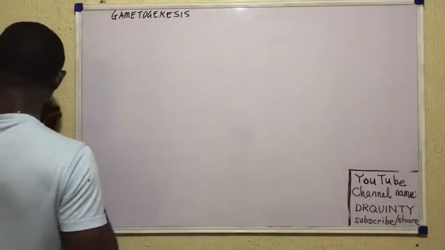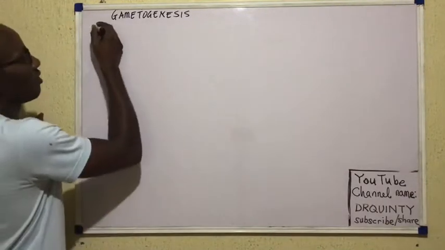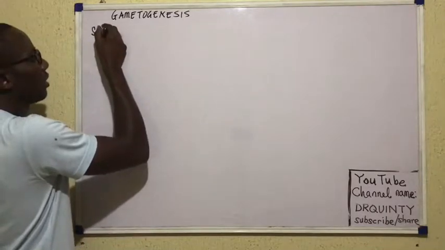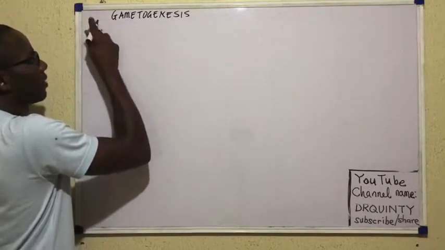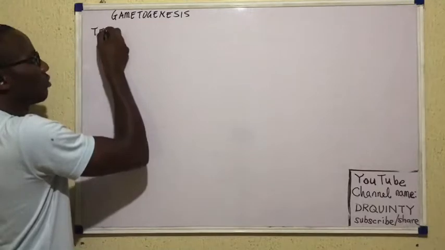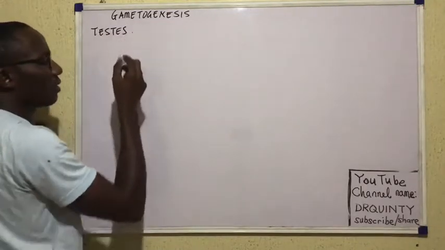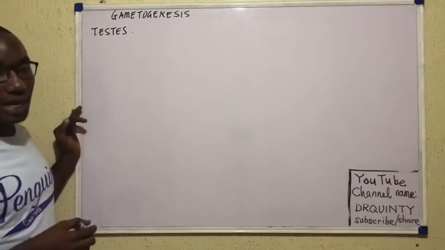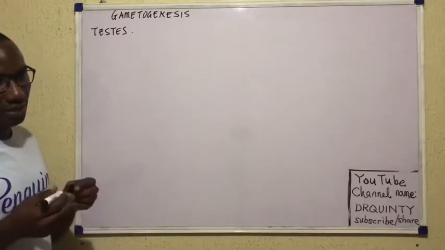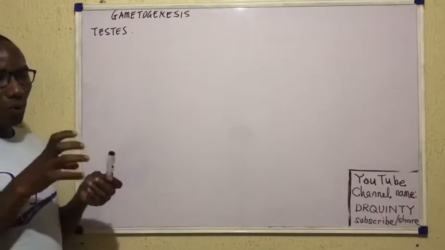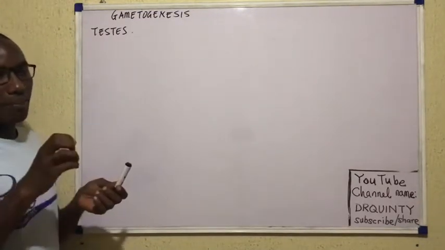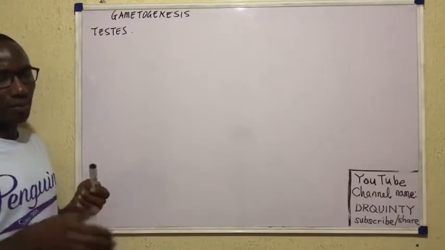Spermatogenesis occurs in a part of the male body called the testis. Now, this testis is known to be the male gonad. So females have their gonads and males also have theirs. The gonad is that organ where gametes, sperm and eggs, are produced.